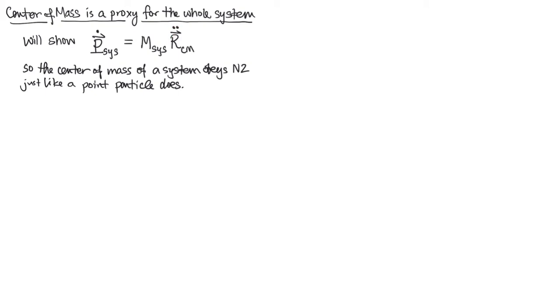In other words, the momentum would be the mass of the system times the velocity of the center of mass, and the rate of change of that momentum would be the mass of the system times the acceleration of the center of mass.